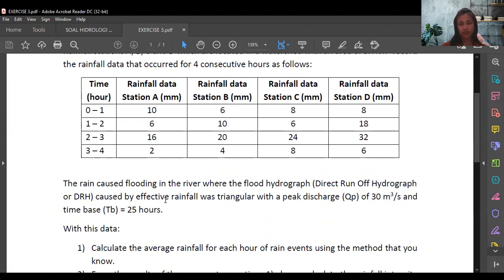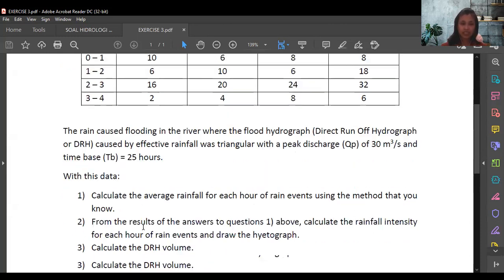Here you can assume that the hydrograph is triangular with the same length on each side, like on the left and the right side.